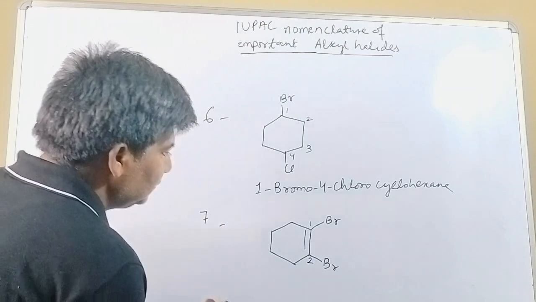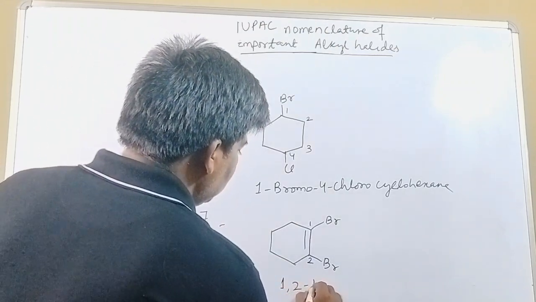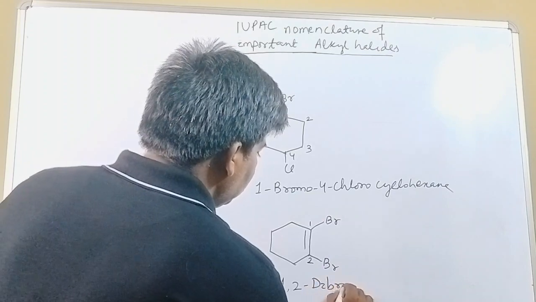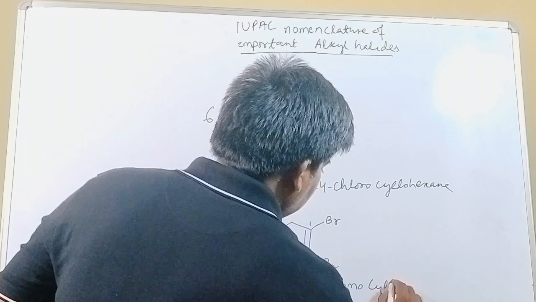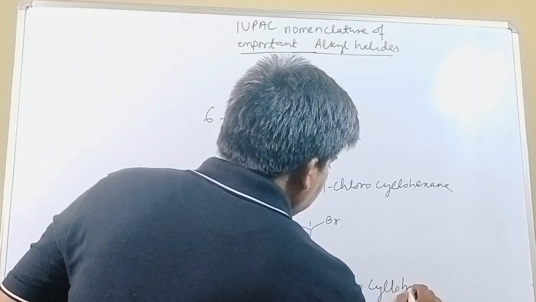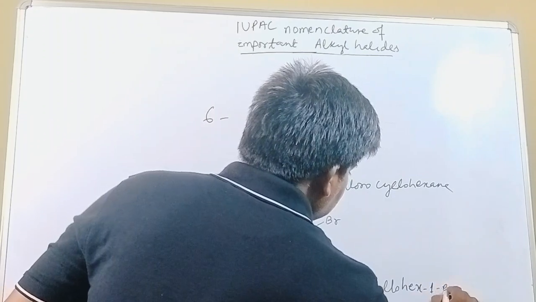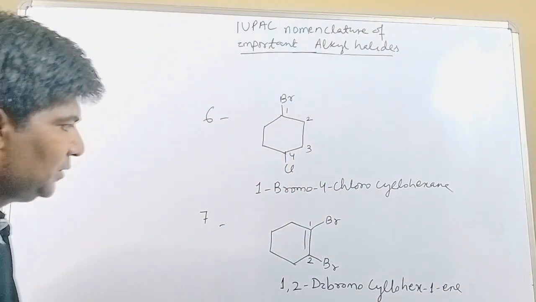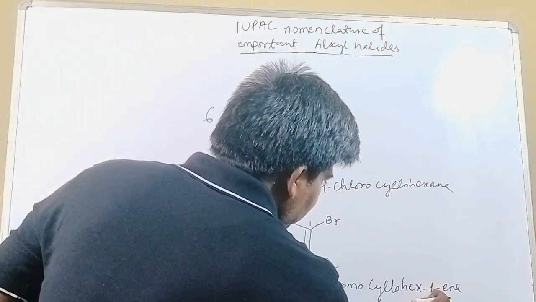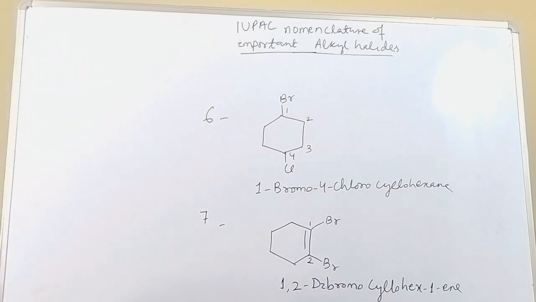So there is no problem with numbering. This is 1,2-dibromocyclohexene. You may give the locant or not. From the double bond, it may be cyclohexene or cyclohex-1-ene, same thing.